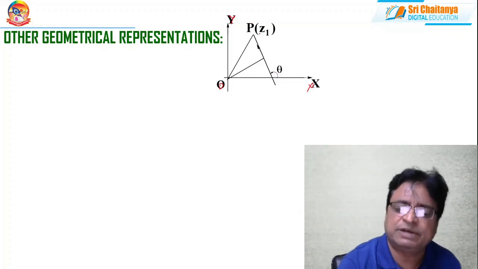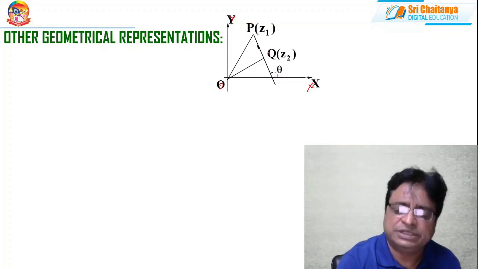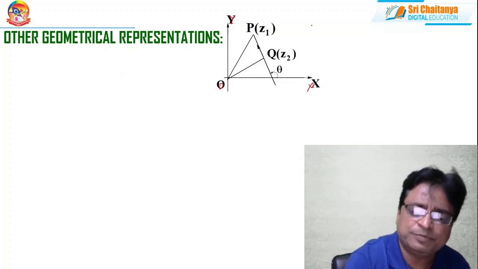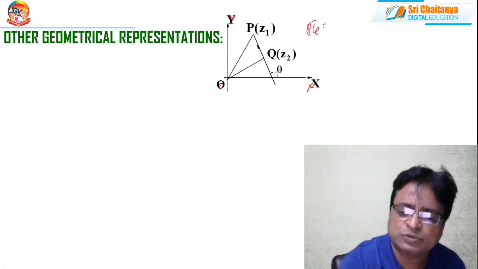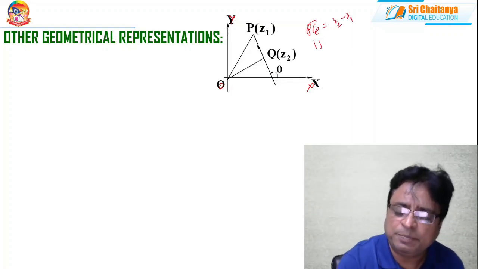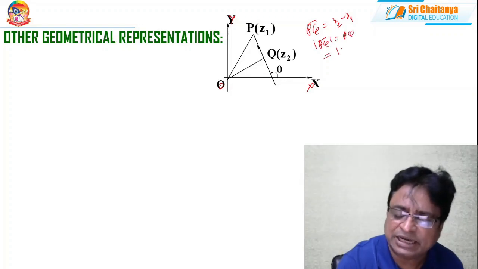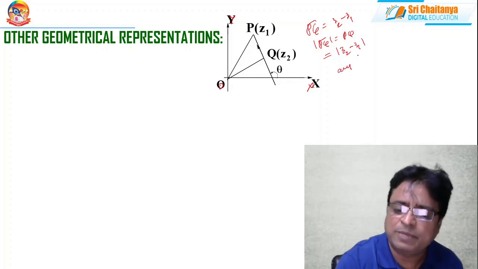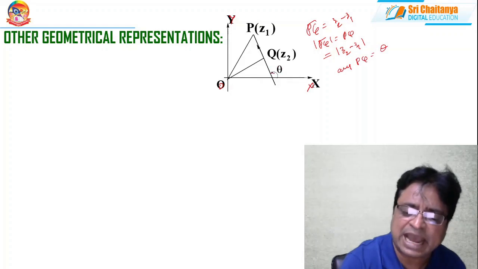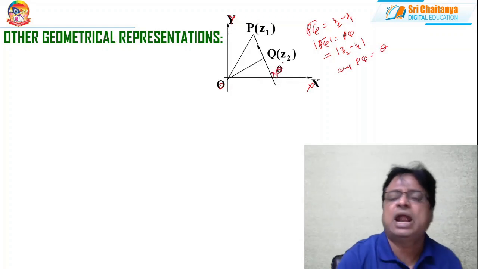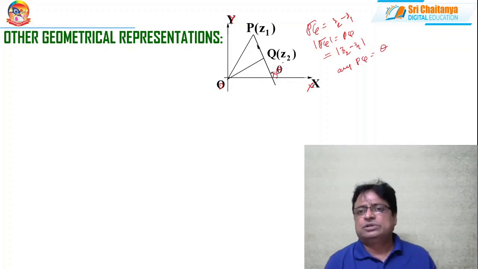This is the point z1, and this is the point z2. Then what is PQ bar? PQ bar is z2 minus z1, and mod PQ is the magnitude, that is mod z2 minus z1, and the argument of PQ is theta, because this is the angle made by the line in the anti-clockwise direction.